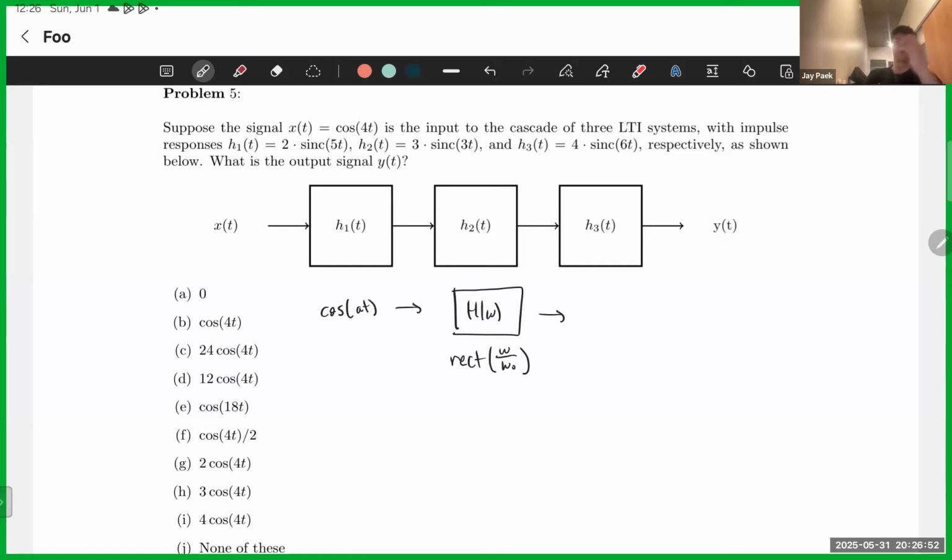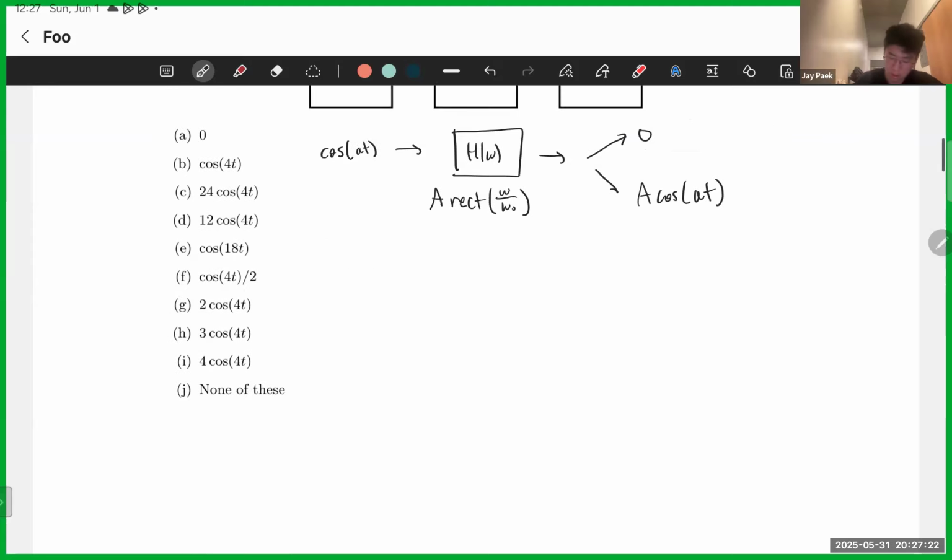If I shove a cosine function of any period into an LTI system whose frequency response is a rect function, then my output will always, no matter what, be 0 or some constant A times cosine of at. The reason is that either the delta functions will fall into the rect function or they don't. That's it. And so let's draw this out.